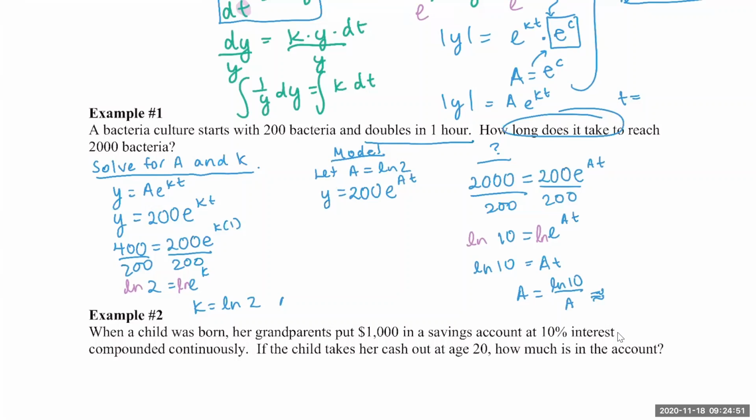Go ahead and type your answer into the chat if you guys have an answer. Oh, yes. Thank you, Min. It should be T equals. Okay, so T equals 3.3.